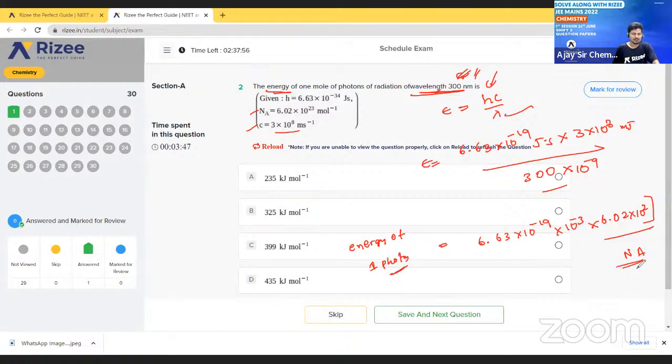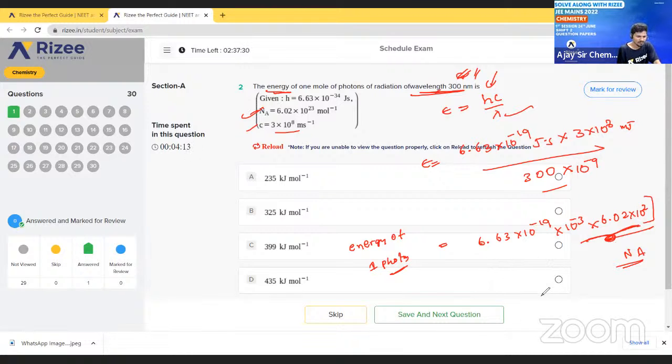See here, Na value, how much is given? 6.02 into 10 to the power of 23. I just multiplied with this value.